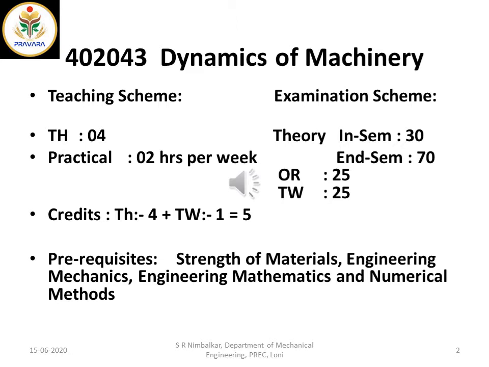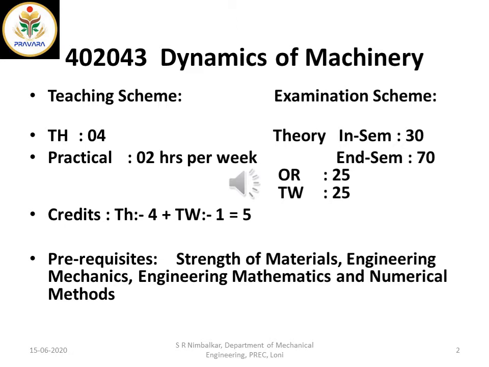But for theory at least we will have the 4 lectures per week, and this is a subject of 5 credits. So 4 credits are for theory, and 1 credit is given for term mark. Okay, so theory is of 100 marks, so it carries 4 credits, and term mark is of 25 marks, so it has 1 credit, and there is an oral also, so it has 25 marks.